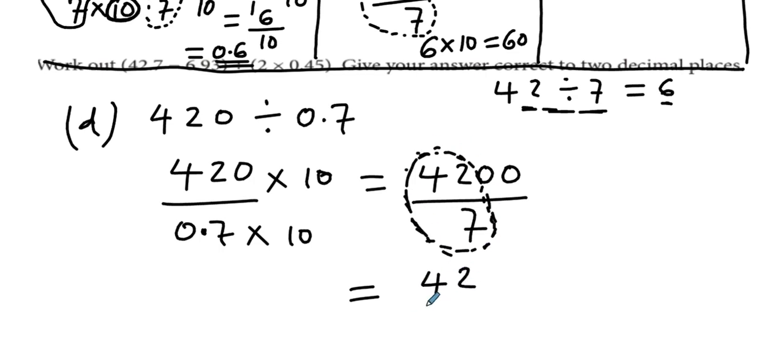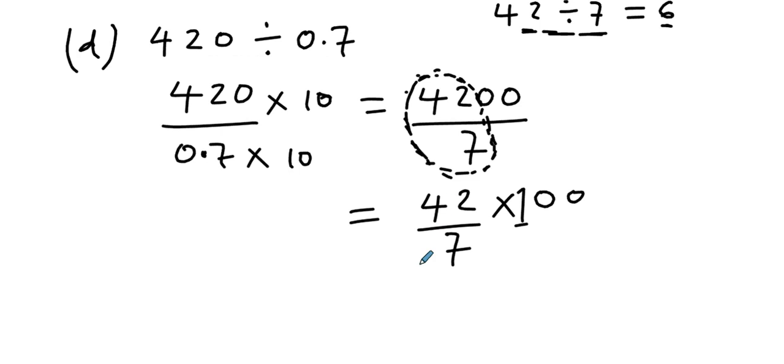This will be 42 over 7 multiplied by. Now don't write 0, 0. No. Just 0, 0 suggests 100. So 42 divided by 7, you separate that. You do 42 divided by 7 times 100. Okay, so 42 divided by 7, the answer is 6. Now multiply by 100, this will be 600.